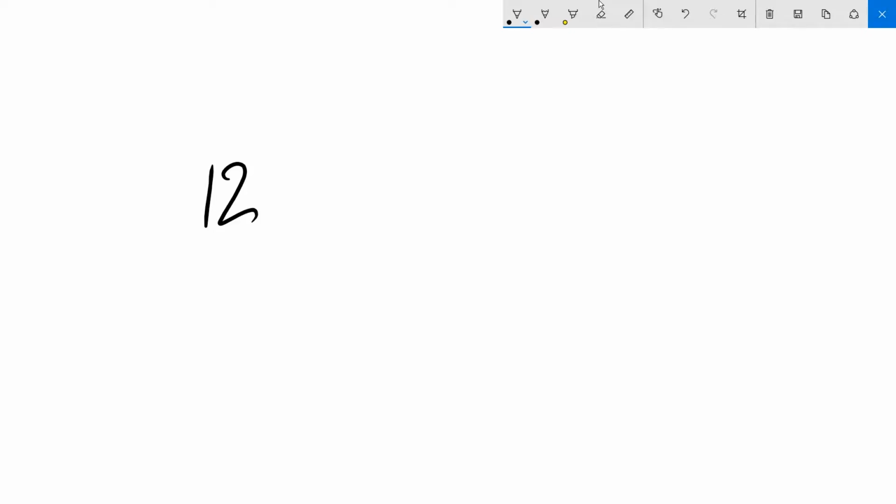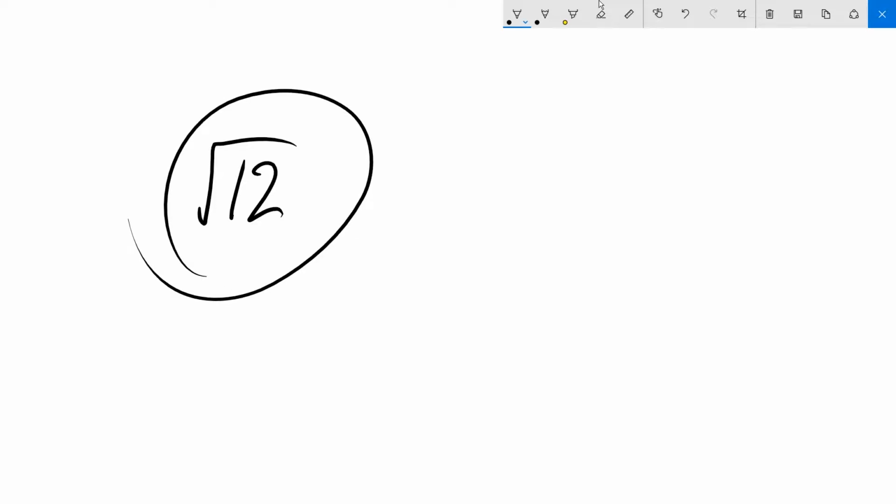Okay, so now we need to look at simplifying roots. If I had root 12, I know that I can simplify this surd.